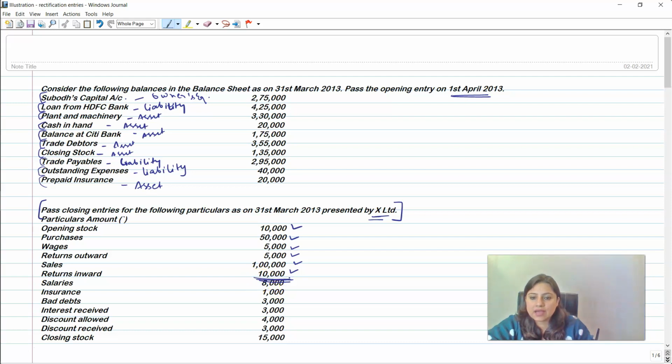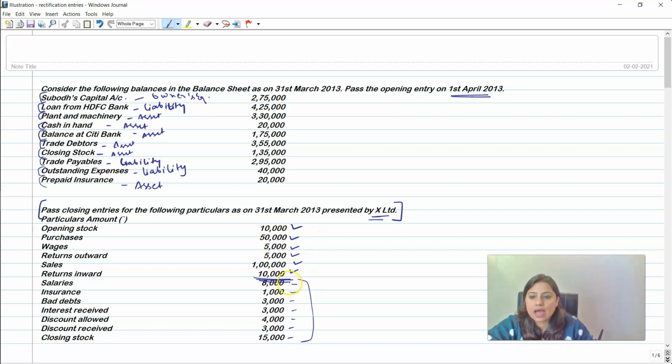So till here we have the accounts whose balances will be there in the trading account of the business, and salaries being the expense, insurance being the expense, bad debts being the expense, interest received being the income, discount allowed, discount received, and closing stock. So all such would be accounted for in the P&L.